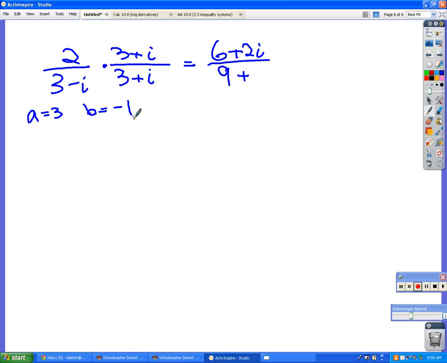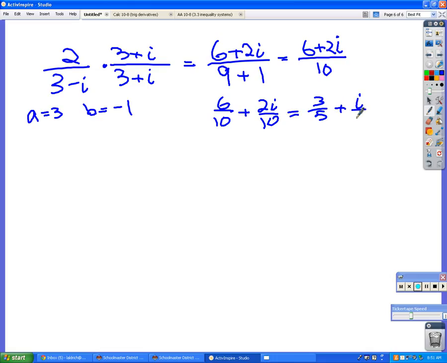Either way it doesn't matter, because negative 1 squared and 1 squared are both 1. So then that gives me 6 plus 2i over 10. And then to write that in standard form I break it apart into the real part and the imaginary part. So that would be 6 over 10 plus 2i over 10, which reduces to 3/5 plus i over 5.